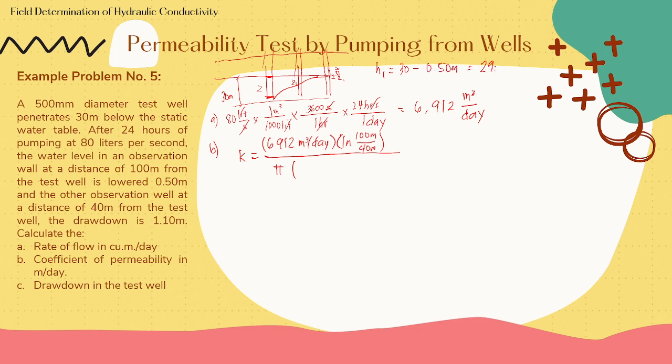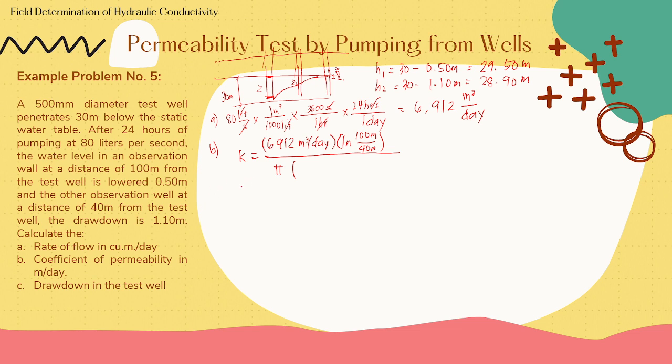So this is 29.50, and H2 is equal to 30 minus the drawdown, 1.1. So this is equal to 28.90 meters.